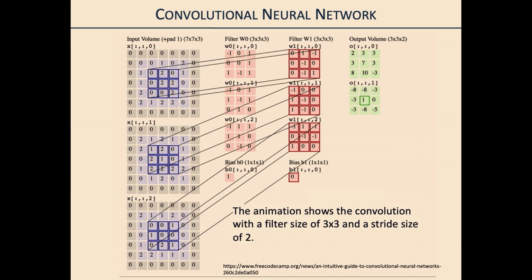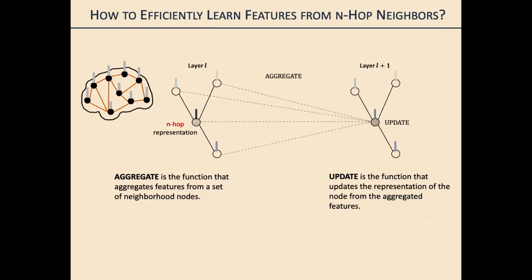So now what we really want to do is translate this kind of operation into a graph manner. In other words, how will we be able to automatically define or learn the aggregation function, regardless of how many neighbors they have, regardless of how they are connected to each other, so that we can learn the signals on each of the nodes and go on to learn things from there.